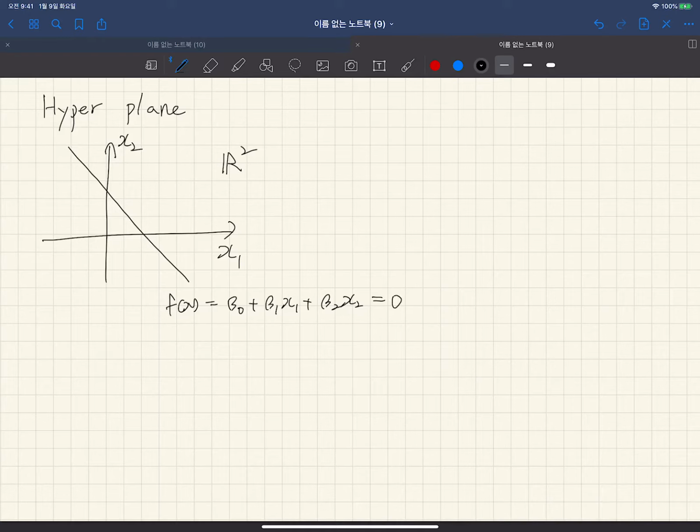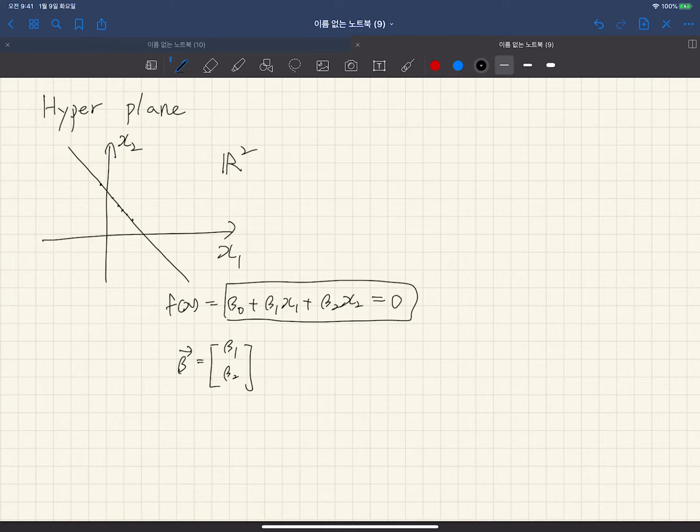All x1, x2 values on this line will satisfy this condition: beta 0 plus beta 1 x1 plus beta 2 x2. Let's say beta vector is beta 1 and beta 2, that consists of two parameters.